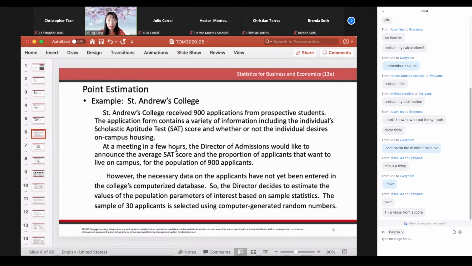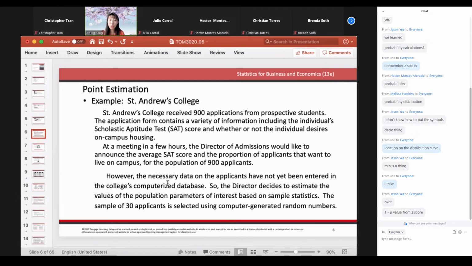So that's the context. So when there are 900 applicants, the director of the admission would like to announce the average SAT score and the proportion of applicants that want to live on campus.